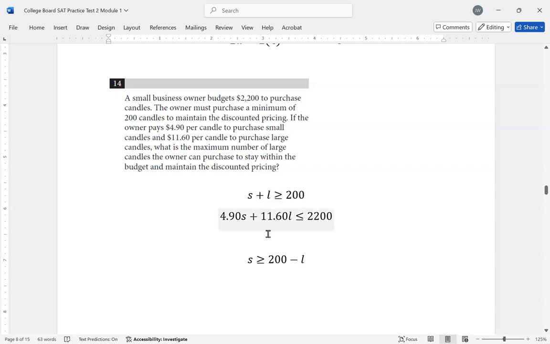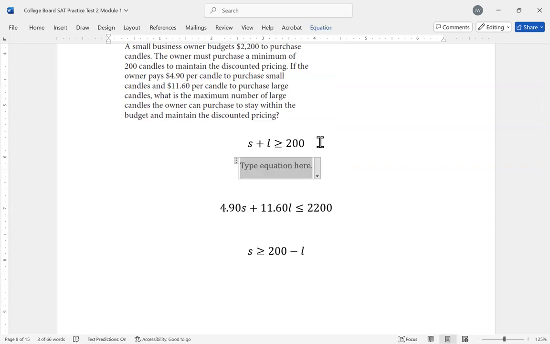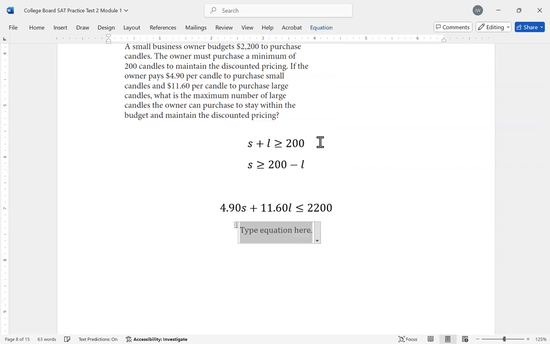In the second inequality, actually, let me write this up here. What I would do is I'd start out by subtracting 11.6 L from both sides.